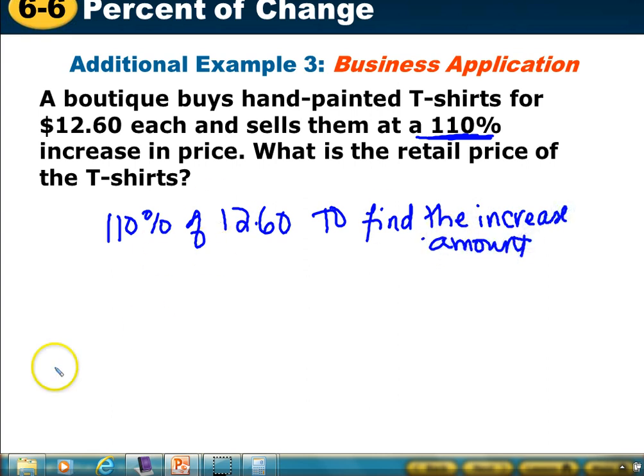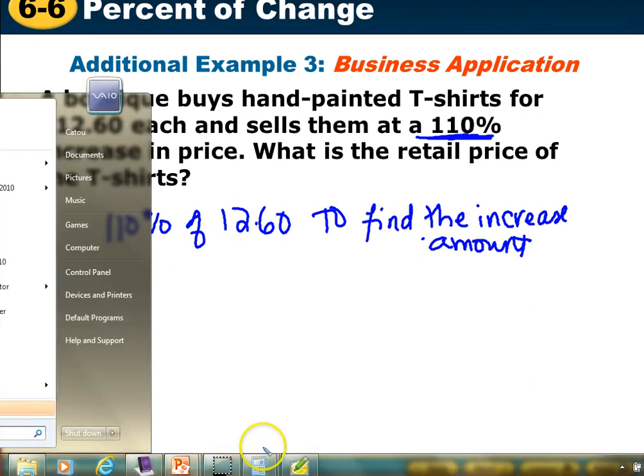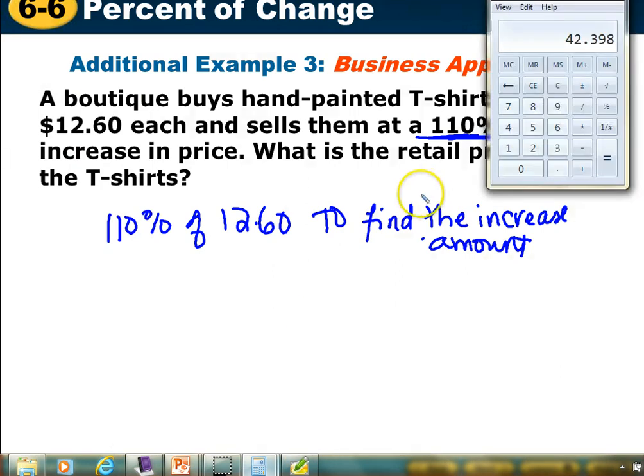So that would be, I know they're going to double the price, so let's bring up a calculator. $12.60 times 1.1, and that'll be $13.86.